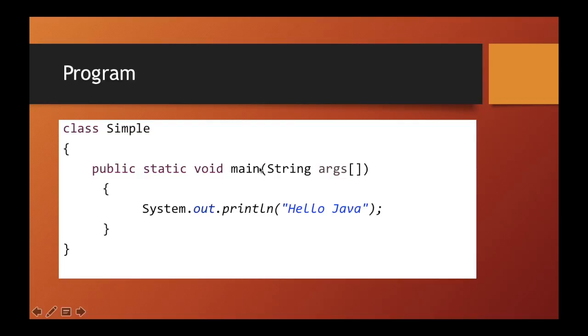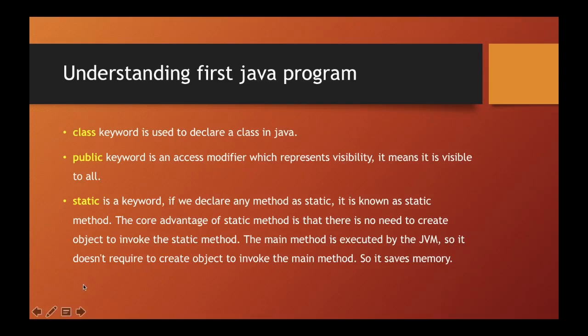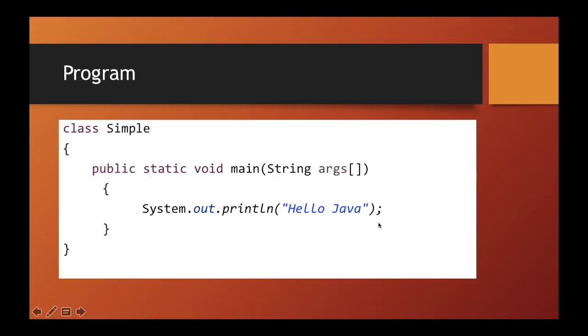One more rule is that the main method must always be public, because if nobody can access the main method, there is no use in creating it. Next one is static. Static is a keyword. If we declare any method static, it is known as a static method. The core advantage of a static method is that there is no need to create an object. This is very important: if you want to call a method without creating an object, you have to use static.